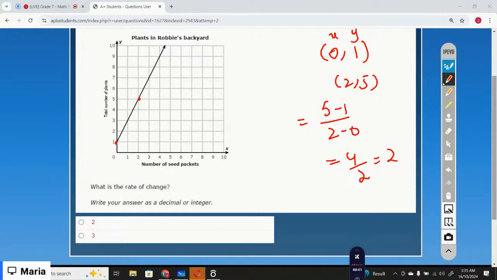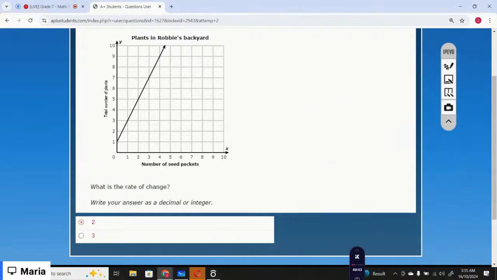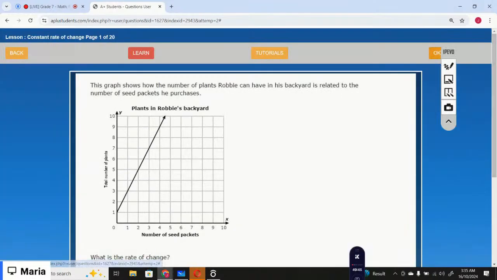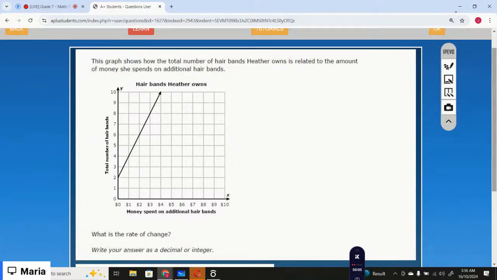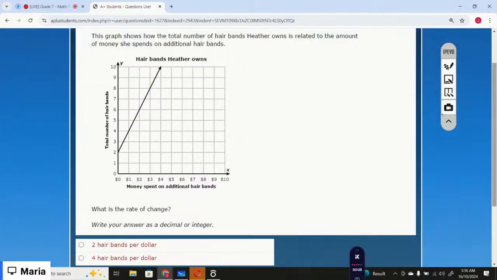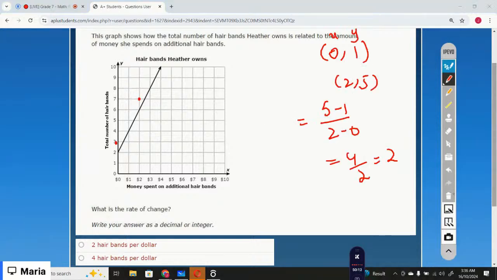Option number 1 is the correct option, right? This graph shows how the total number of hair bands Heather owns is related to the amount of money she spends on additional hair bands. What is the rate of change? So just select any 2 points.